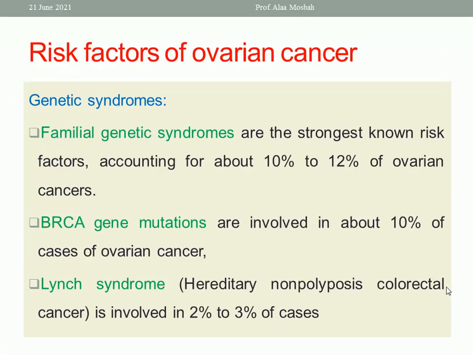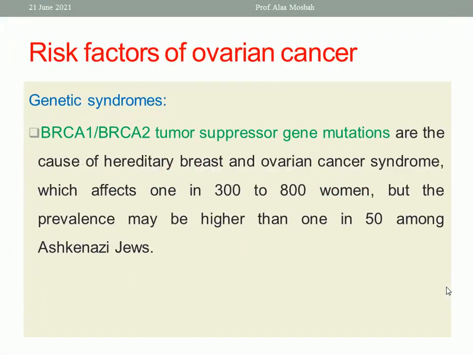What are the risk factors for ovarian cancer? Genetic syndromes play a major role, accounting for about 10 to 12% of ovarian cancer. BRCA gene mutation is involved in 10%, while Lynch syndrome is involved in 2 to 3% of cases.